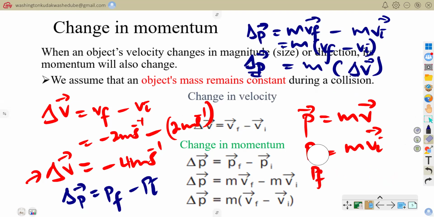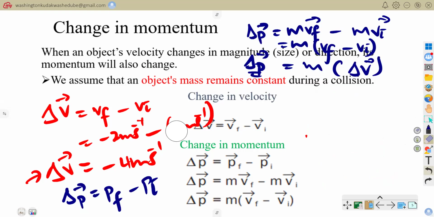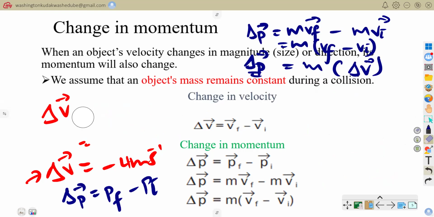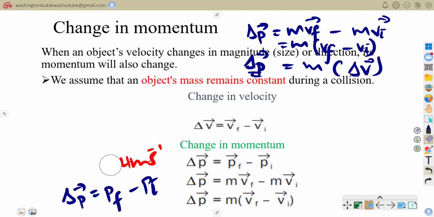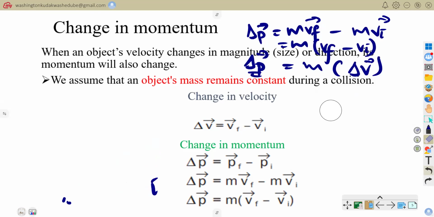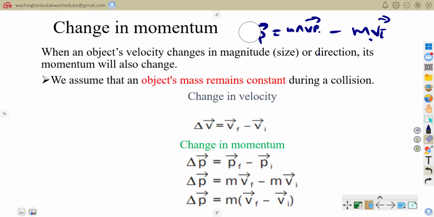Now, an interesting part is that we are always going to assume that an object's mass remains constant. We assume that the object does not break, or does not become relatively smaller in such a way that the mass of the object changes. The object simply stays intact, having the same mass.